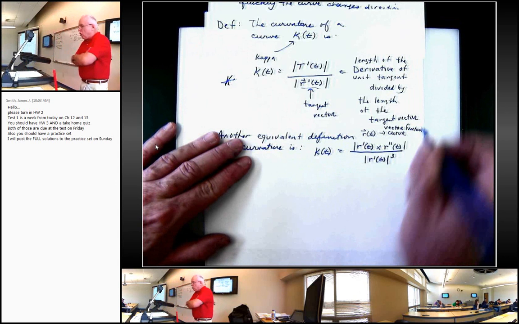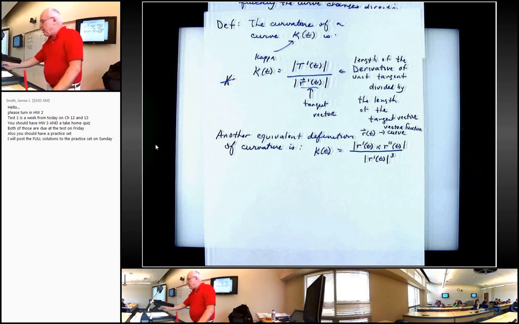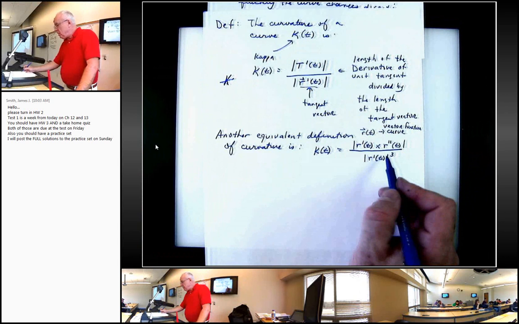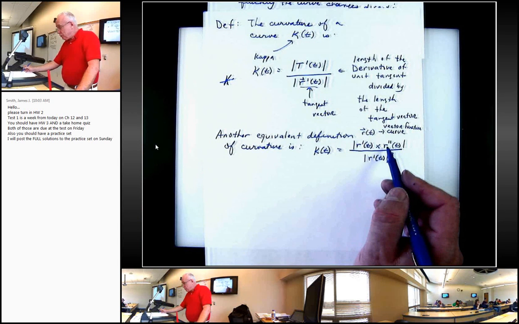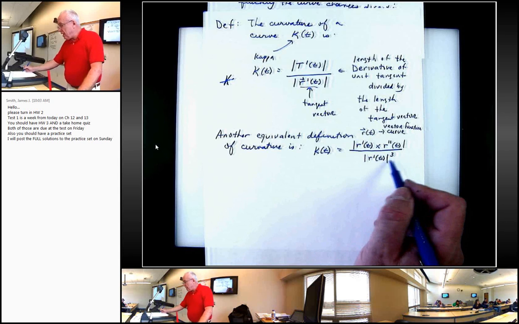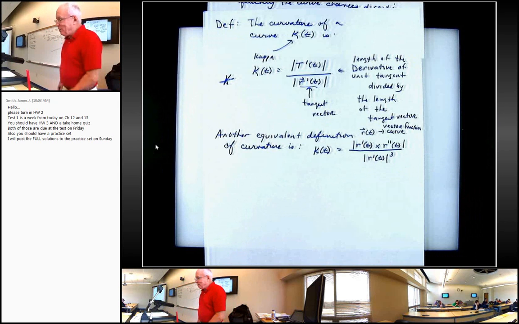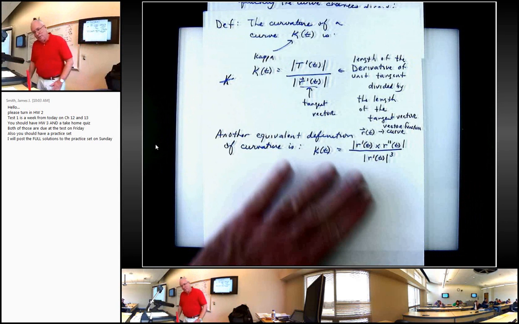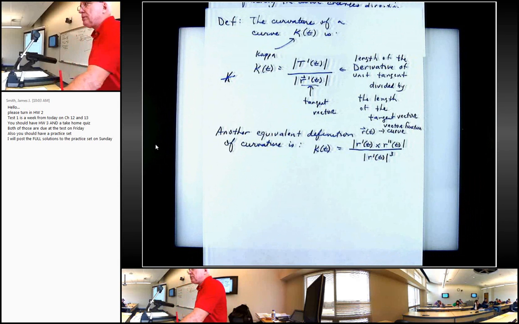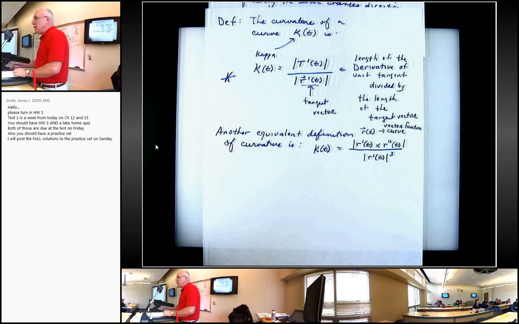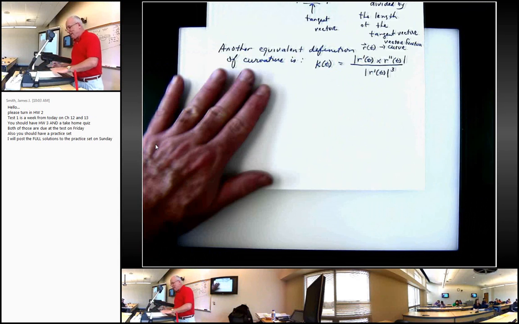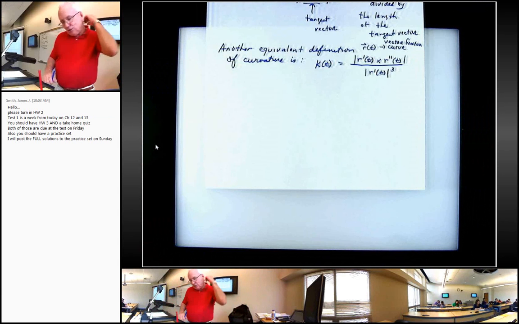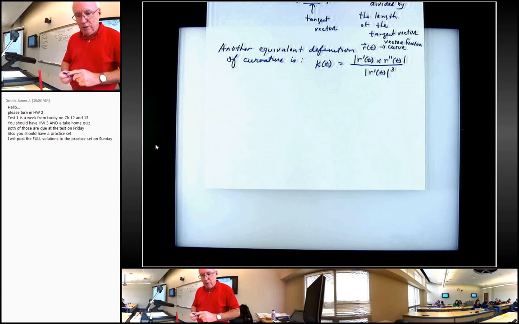So we find r prime of t, we find r double prime of t, we do their cross product, we get their magnitude, and then we divide it by the magnitude of r prime cubed. That sounds perhaps a little horrific, and it can be a little tricky. I'm not going to say that it can't be, but let's try to work this out with one example.